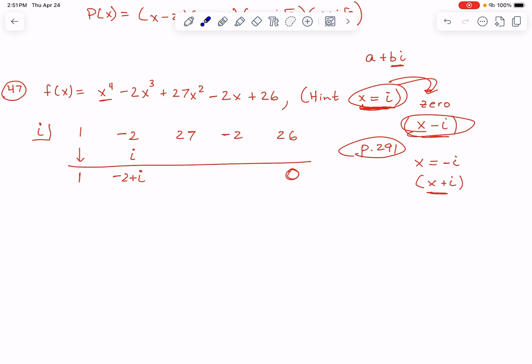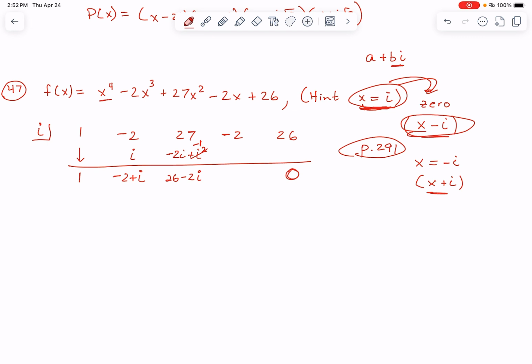So I'm going to take negative 2 plus i times i, which will give me negative 2i plus i squared. I squared becomes a what? Negative 1, right? So we're going to have 27 minus 1, which is 26 minus 2i. It already looks like it's going to work out because I've got that 26 now.